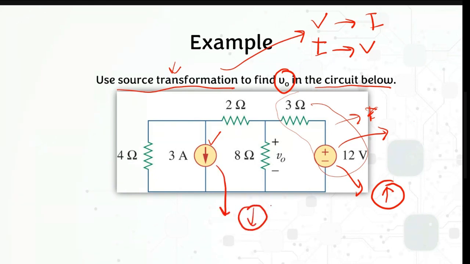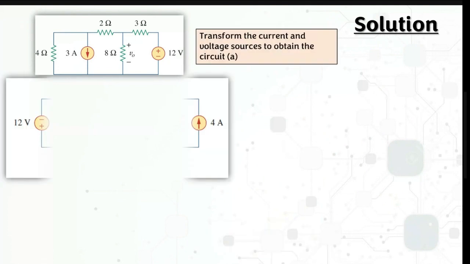If you want to transform it into a voltage source, the voltage source is going to be this way, negative first and then positive. That's the first thing you need to note before you transform your circuit for any source here.